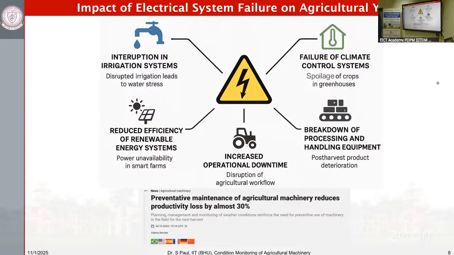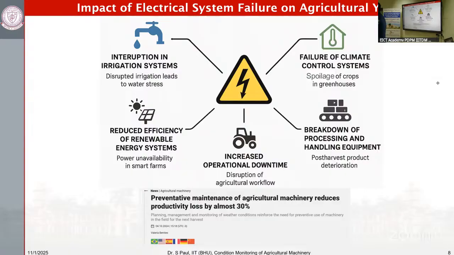So that exactly happened, and that exactly happens with your systems as well, like your tractors or electric vehicles. Let's say first the motor got a very small spark, or a small winding or small network got spoiled. You didn't take care of it, and you let the fault sustain for a few more hours or a few more days, and you are overburdening your tractor. So what will happen?